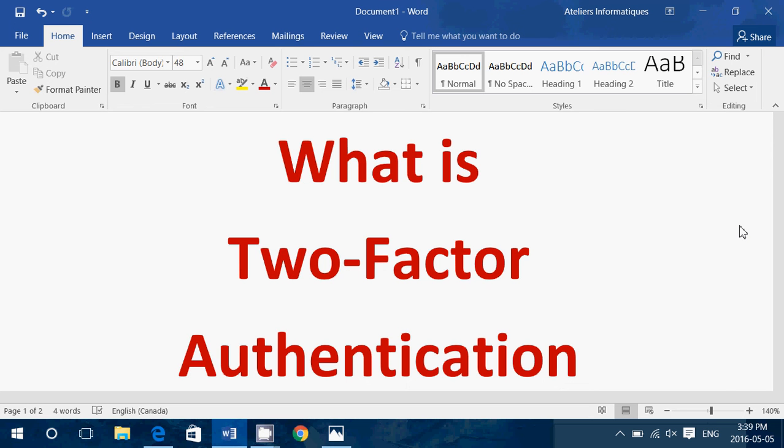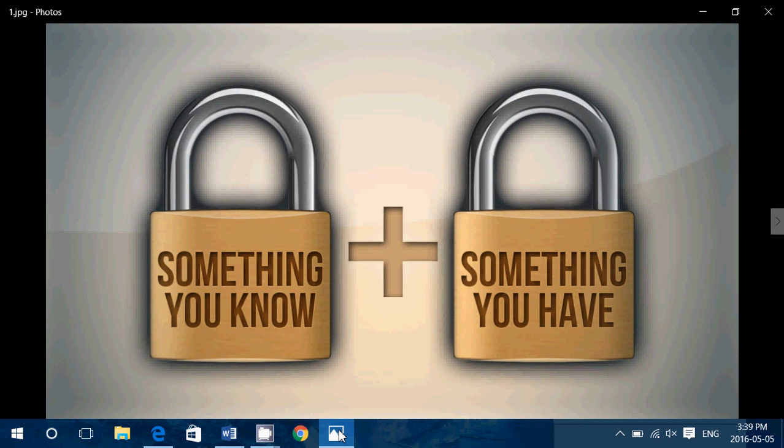So by turning on two-factor authentication, you add a second layer of security. It's something you know with something you have. What does it mean? Something you know: your username and your password.